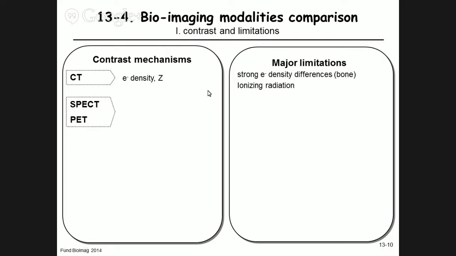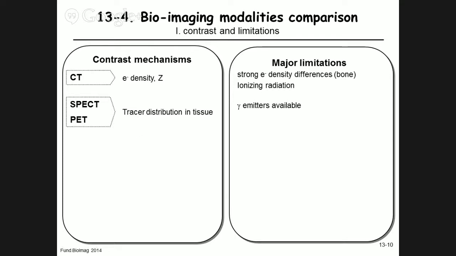Then we had emission computed tomography or single photon emission computed tomography and the related technique, positron emission computed tomography. The contrast mechanism there is the distribution of radio tracer in the tissue. That's the contrast. You have more of the substance in the particular voxel or less of it. That will affect the intensity of the pixel in the image.